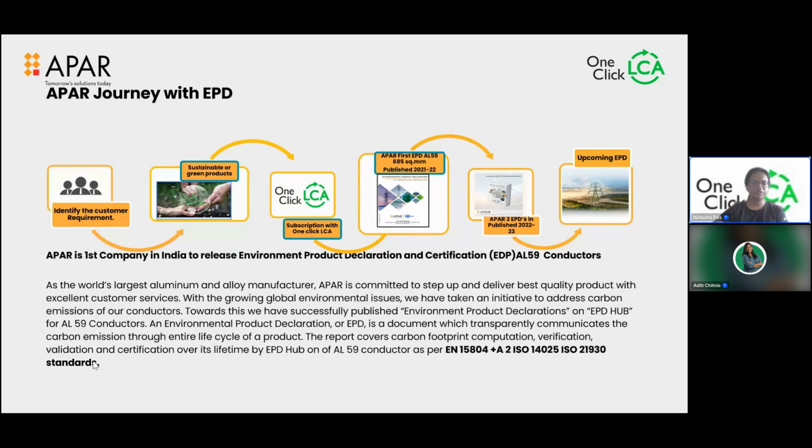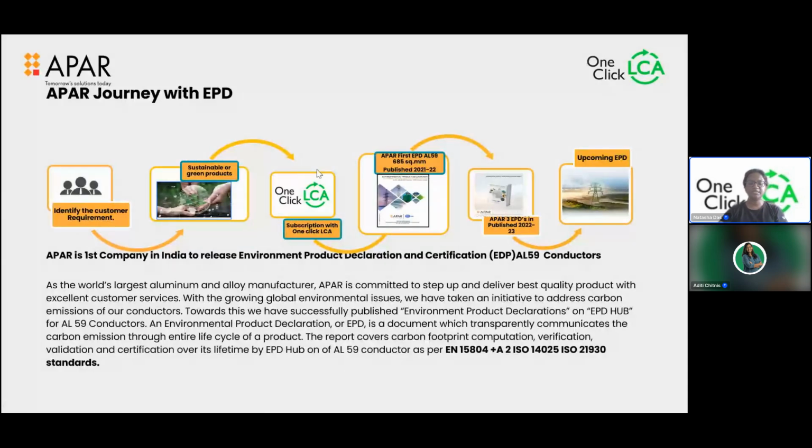All right. So the first stage was they identified the customer requirement. Second is they understood that they have to develop sustainable or environmentally friendly products. Then of course they took a subscription with One Click LCA.